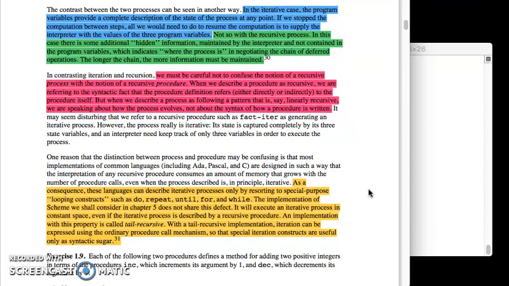It may seem disturbing that we refer to a recursive procedure such as fact-iter as generating an iterative process. However, the process really is iterative. Its state is captured completely by its 3 state variables, and an interpreter need keep track only of the 3 variables in order to execute the process.